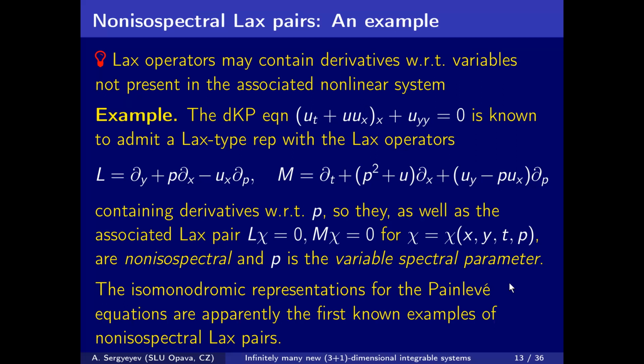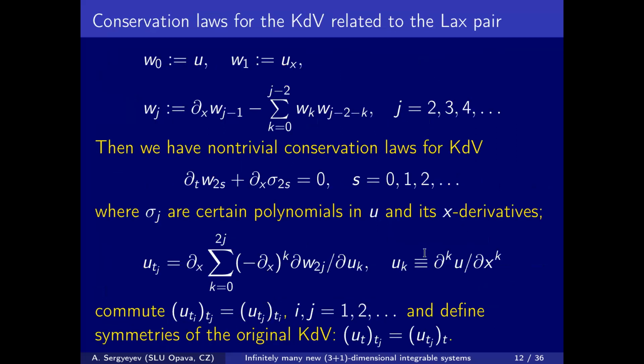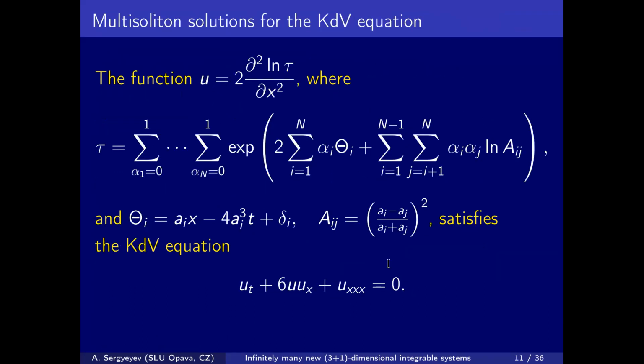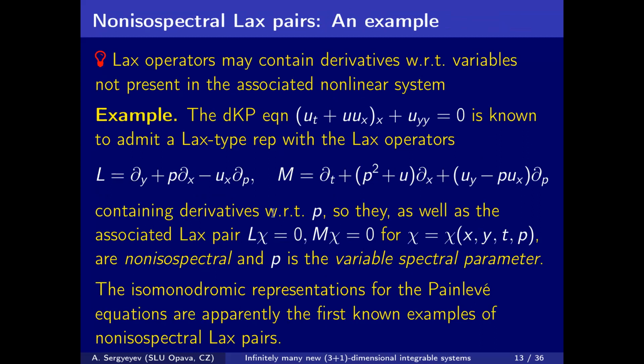And moreover, the operators L and M contain derivatives with respect to P. So this is in a bit of a contrast with the KdV example that we have seen before. Let me remind you. Okay, so in the KdV case, we do have a parameter lambda in our Lax operators, but we have no derivatives with respect to lambda, while in the DKP case, we have also the derivatives with respect to this guy P.